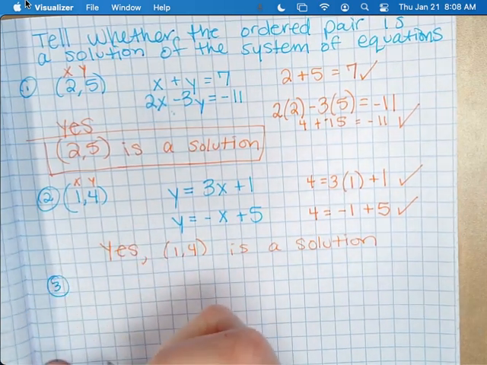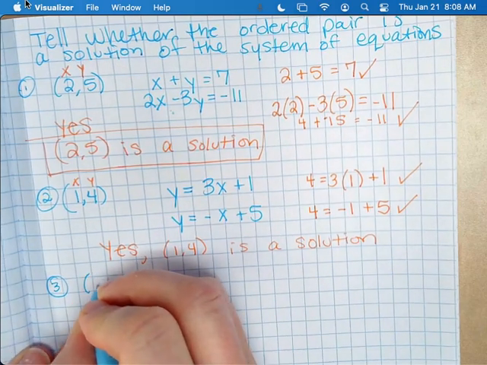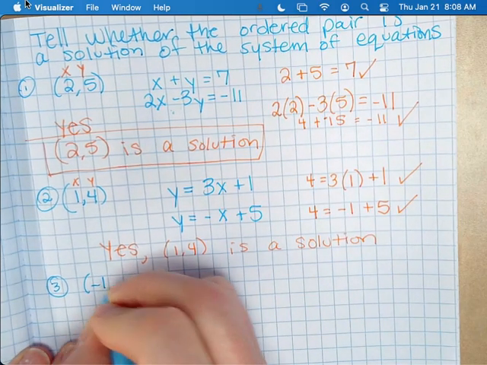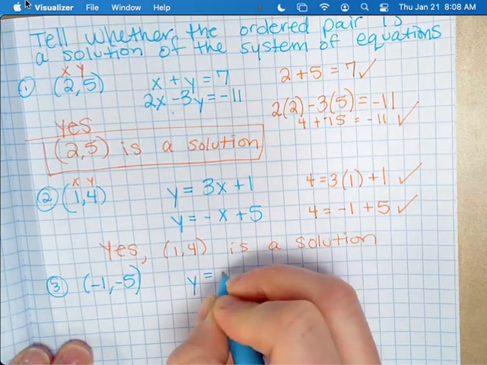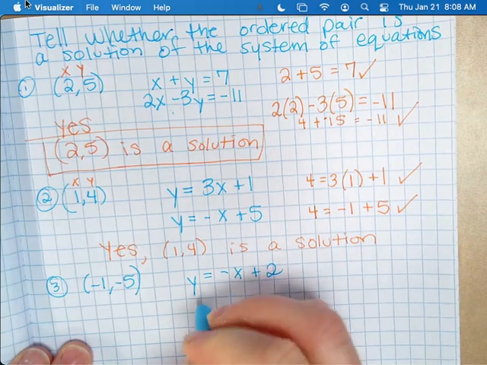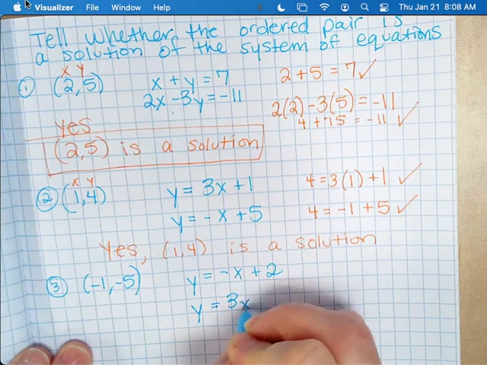One last one. (Negative 1, negative 5), with y equals negative x plus 2, and y equals 3x minus 2.